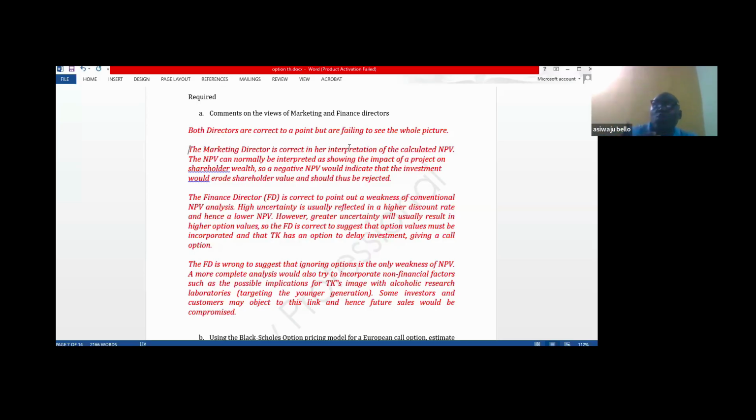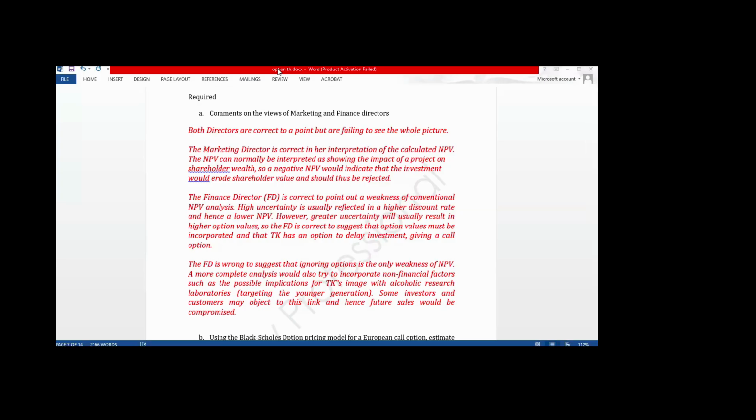The finance director is also correct to point out the weakness of conventional net present value. The finance director is equally right to point out the limitation of the conventional net present value.